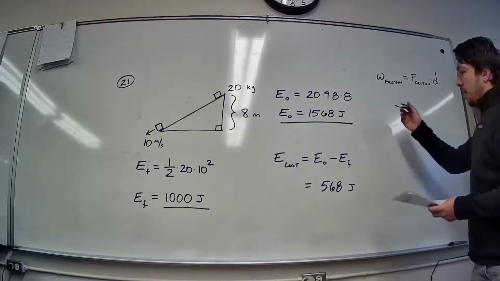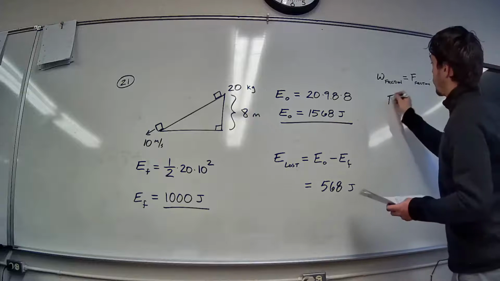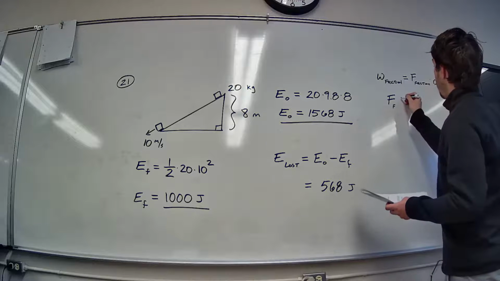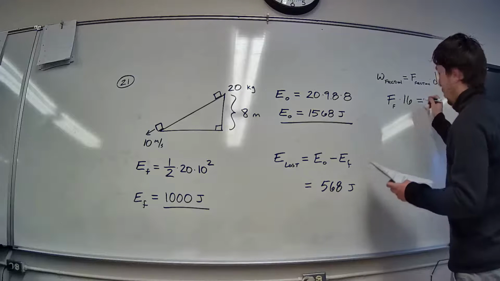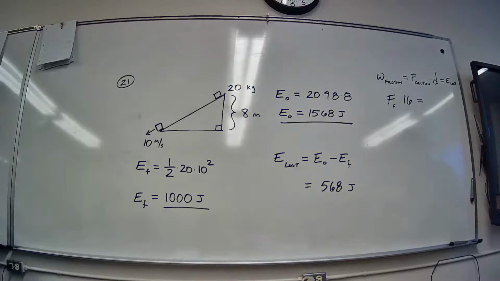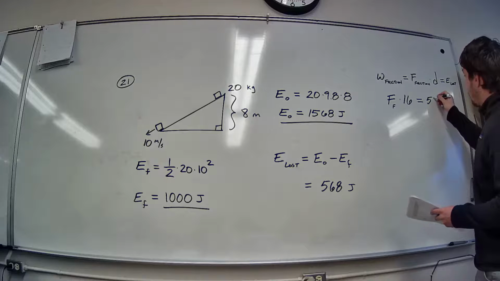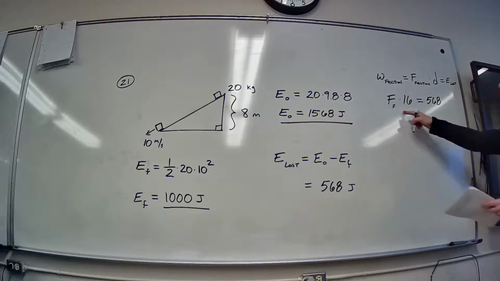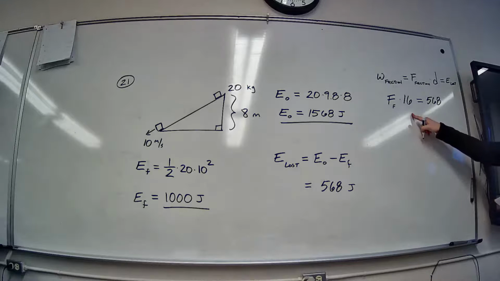So this is going to tell me the energy that was lost. Okay, so the force due to friction times the distance, which was 16 meters. And the energy lost we see is 568. Does that equation make sense?